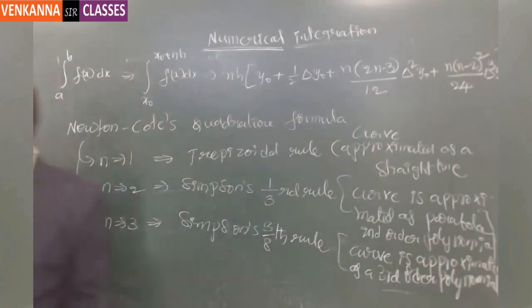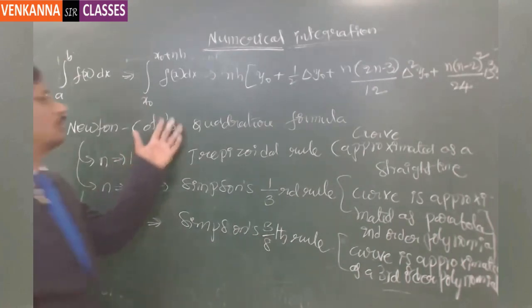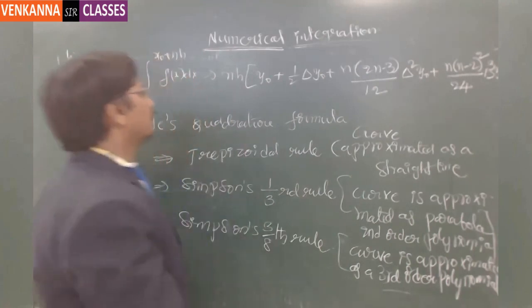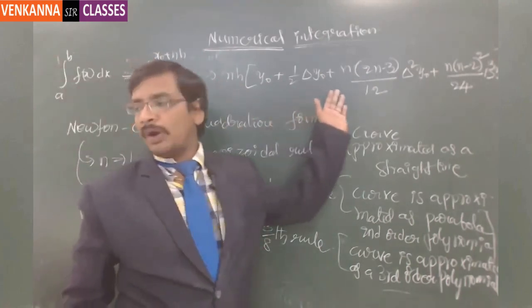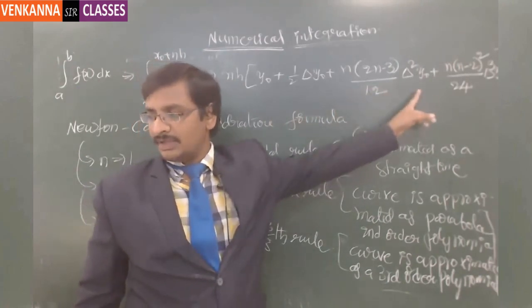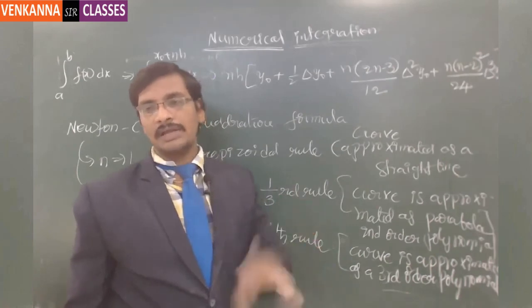Got it? What is your question, Akhil? I didn't get your question. Okay, how do the other terms become 0 when n equals 1? If n is equal to 1, there is no point in considering higher order deltas, because we have only two data points, x0 and x1.